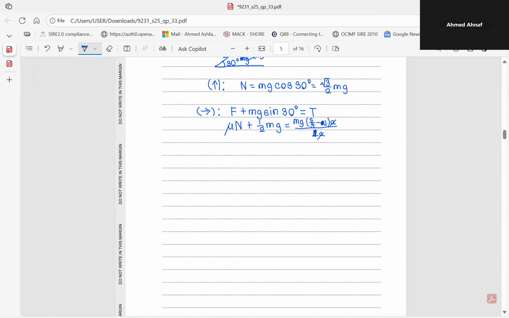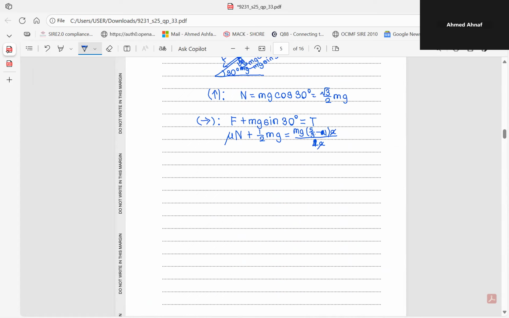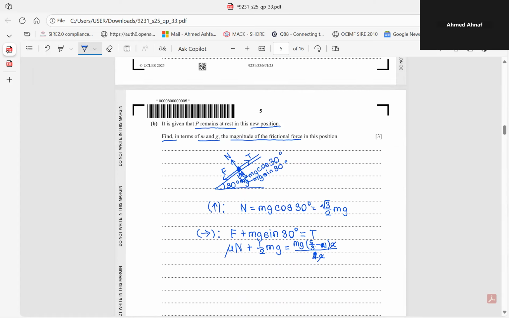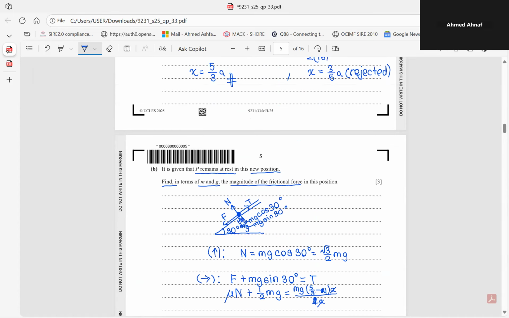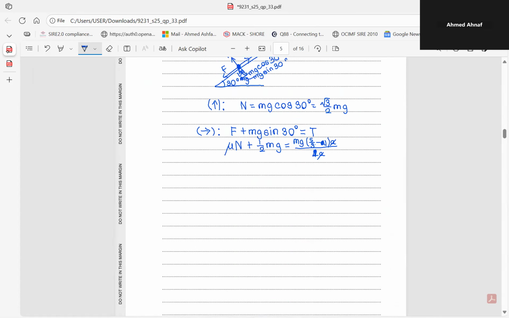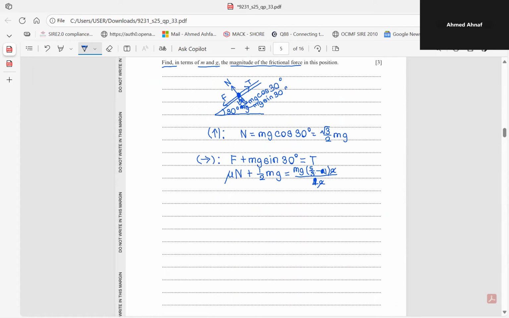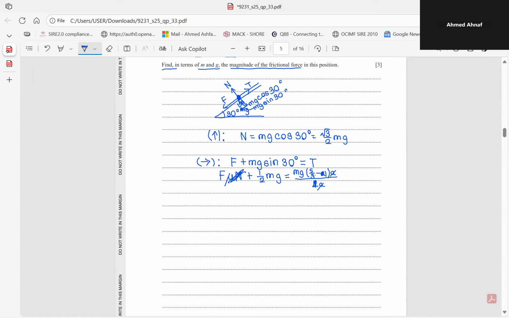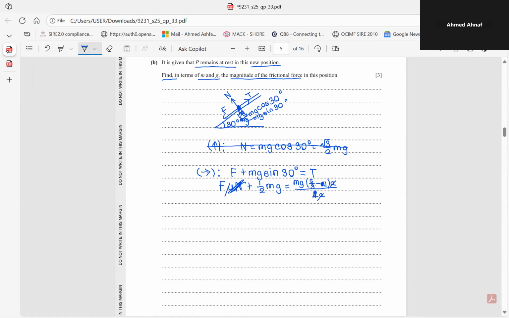Okay, and then as for mu, let's see. Oh, never mind. It didn't give us the coefficient of friction. So we're just gonna solve for F then, I guess. Yeah, I don't think we should have solved this. This was completely unnecessary.